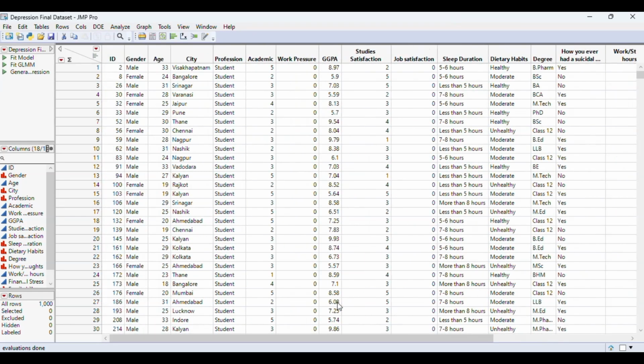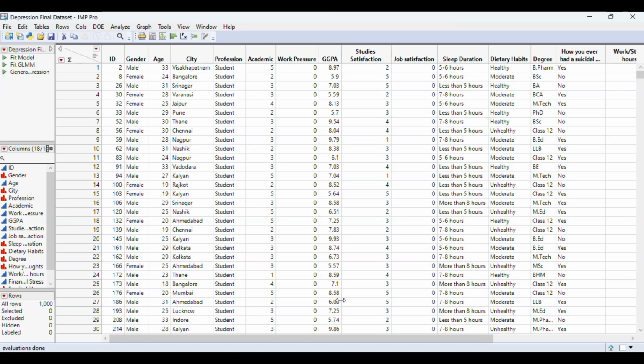So, the model overview: the regression model uses depression level as the response variable, meaning we wanted to understand how different predictors influence this outcome. Our predictors include variables like suicidal thoughts, age, gender, academic background, sleep duration, profession, and degree type.